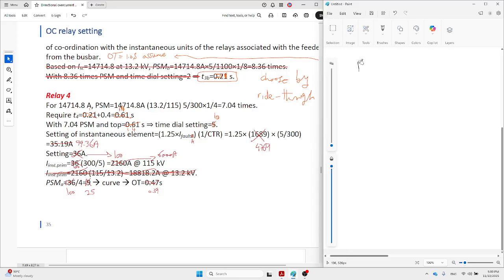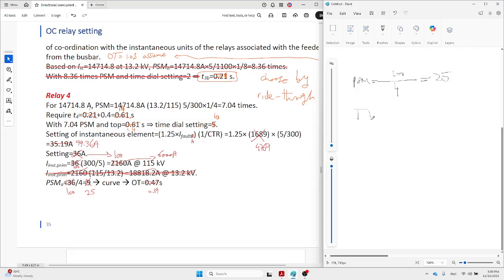So the setting for the instantaneous relay reached 99.36, correct? Since we cannot have that, we have to upgrade it to a discrete one. We have to upgrade it to 100. Then PSM, for our case, is this 100 over the pickup current, which is set to 4, and then it is 25.